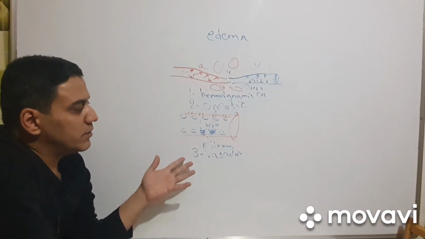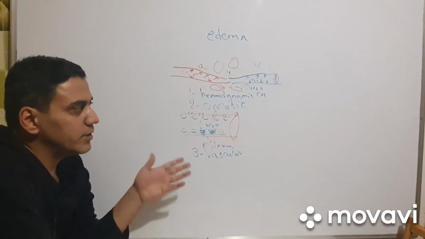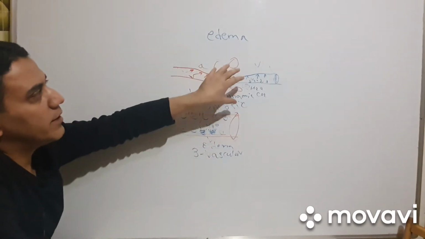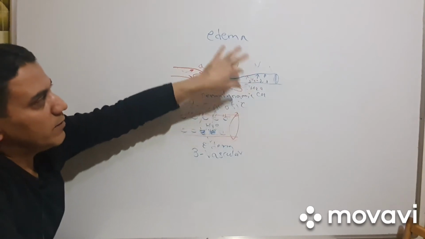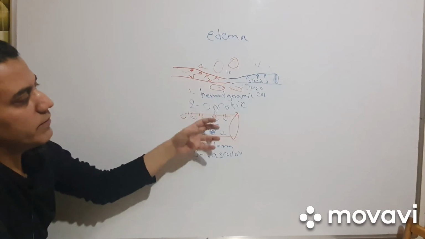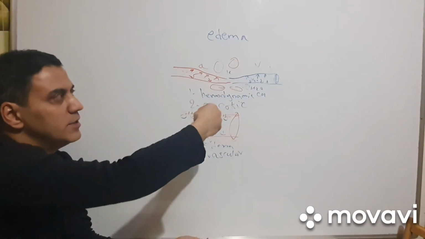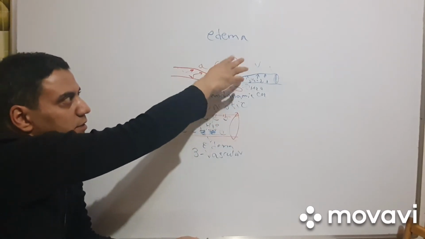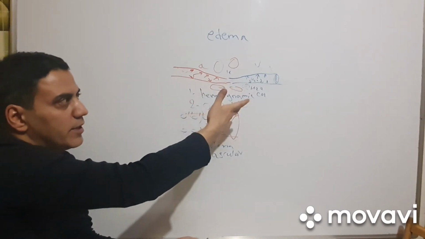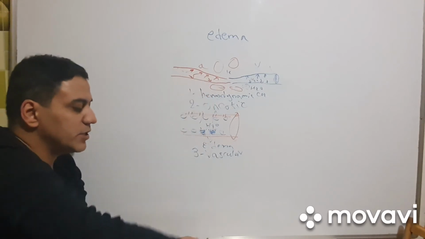It could be due to, for example, the effect of vasodilator substances in case of inflammation, because we have mediators which can be released from the inflammatory area, and they can affect the vascular wall and cause vasodilation. In case of damage, trauma, cells and tissues will be damaged, and some substances will also be released, and they can affect the vascular wall and cause dilation.